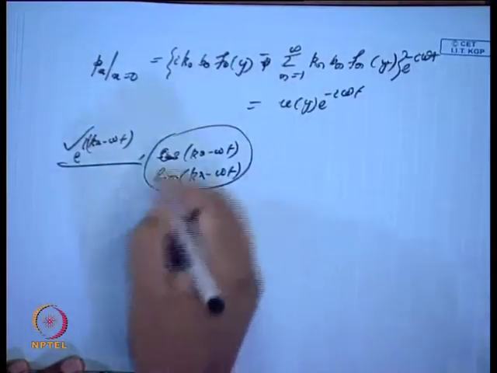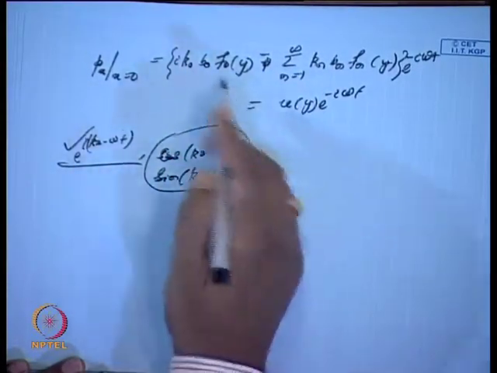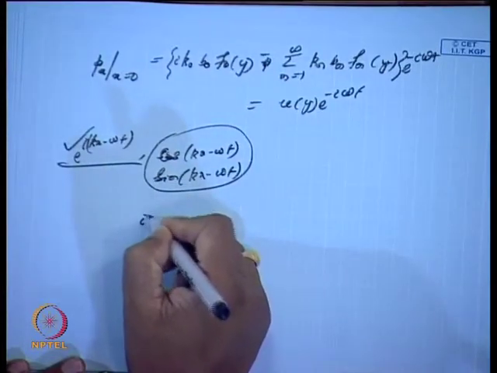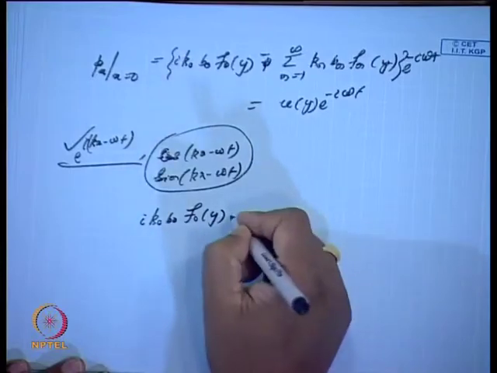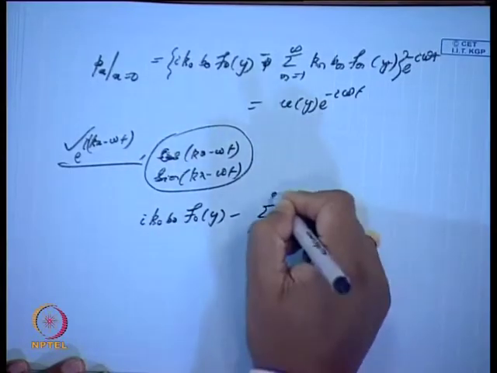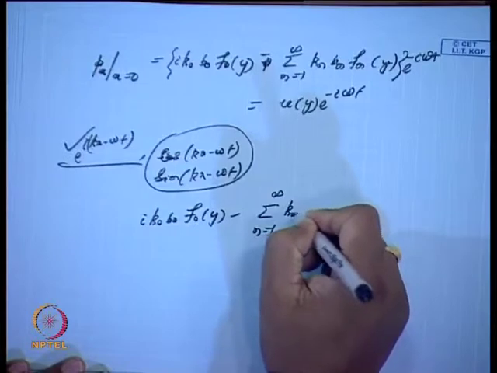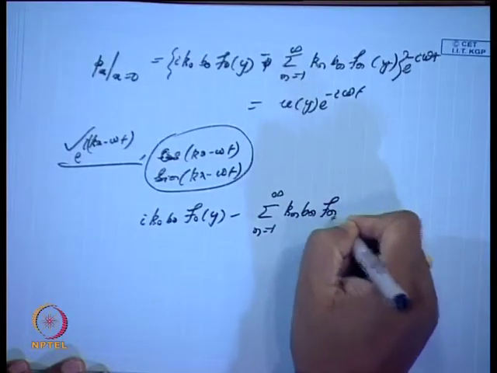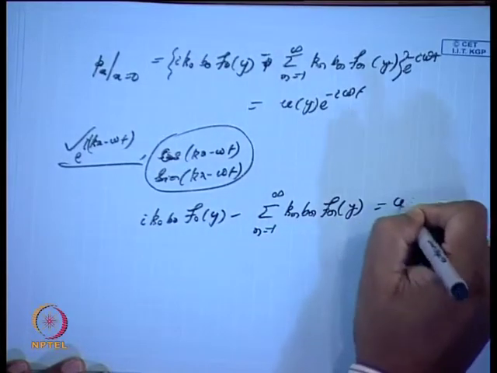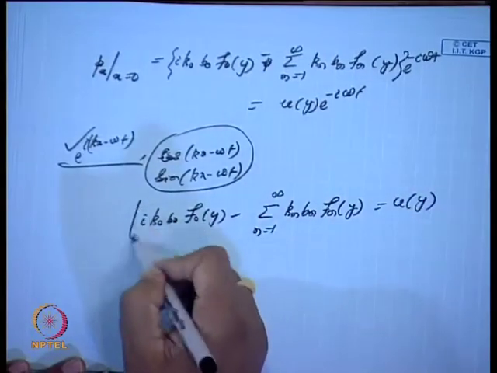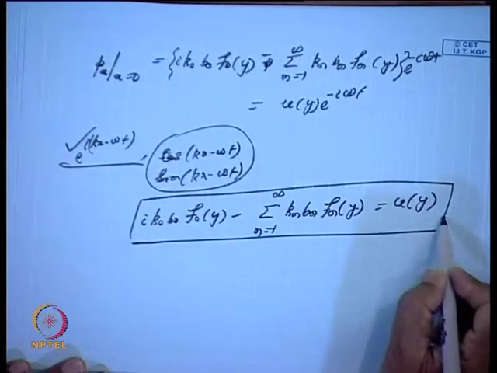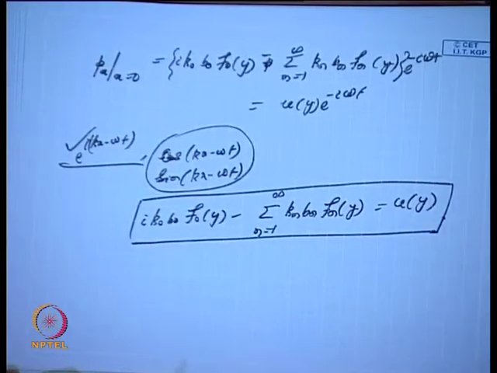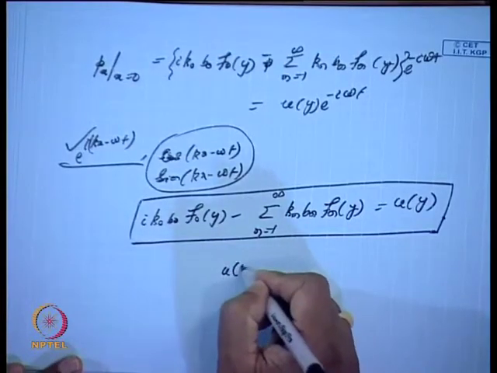So, if this will be this, then what will happen to my b y? If I simplify further, then I get I k naught b naught f naught y minus sigma n is equal to 1 to infinity k n b n f n y, this is equal to u y. Now, I only have one equation, but what happened here? My u y I know, because I know the way the wavemaker is oscillating.